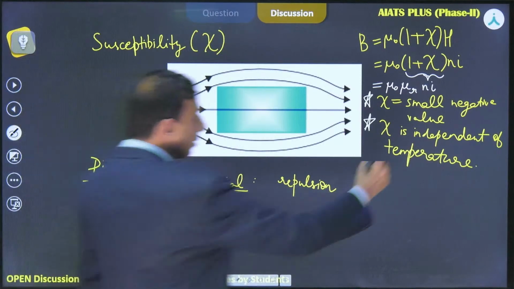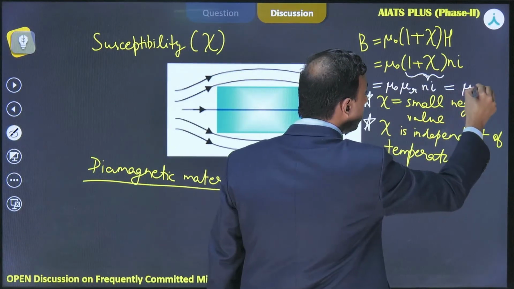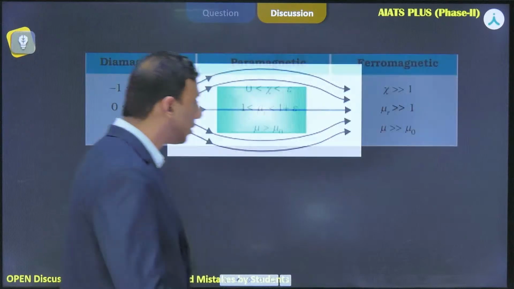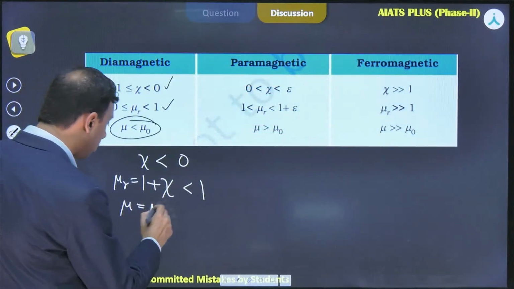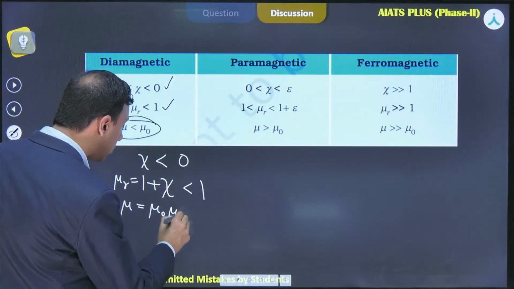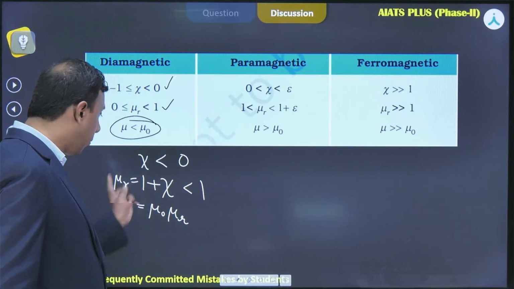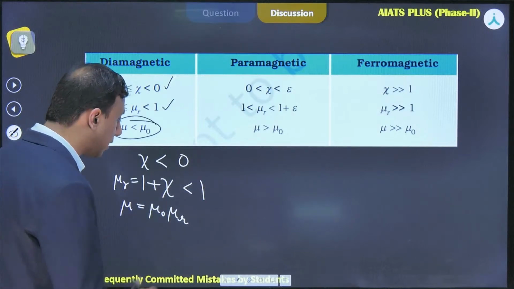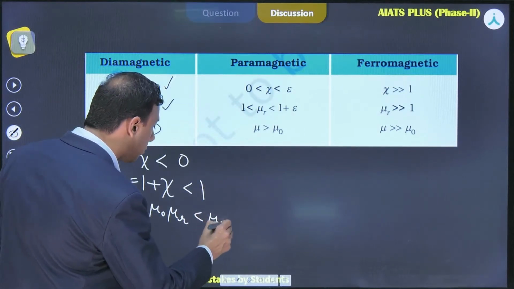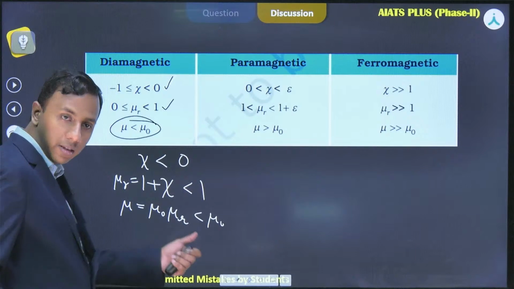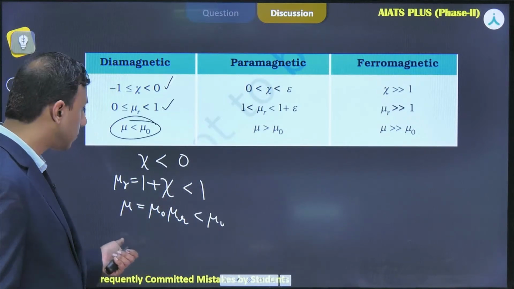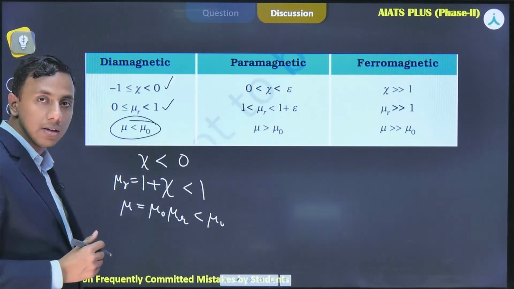If you want, I can write it down over here: this is mu into n I. So mu equals mu naught into mu r. If mu r is less than 1, multiply both sides by mu naught. So 1 into mu naught becomes mu naught only, so mu is less than mu naught, and mu r into mu naught is your mu. So these three quantities we have discussed.